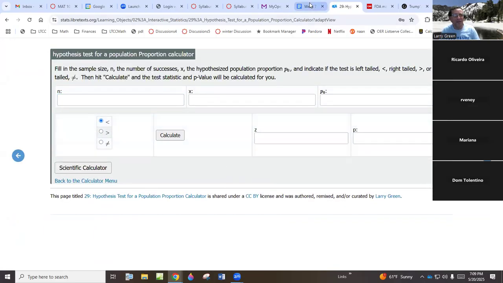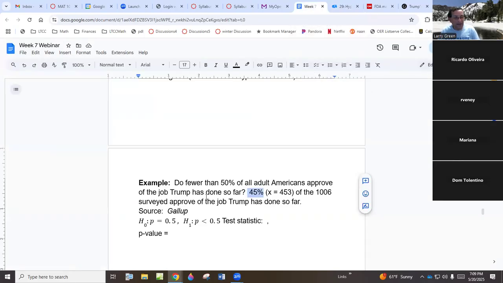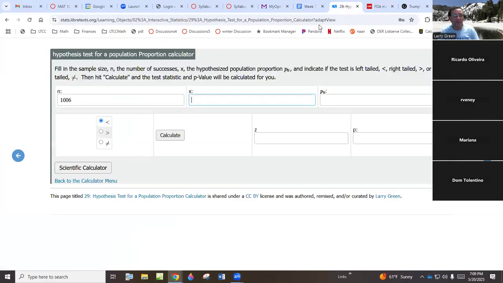So our n, if I remember, was 1,006. Our x was 453, which, by the way, is 0.45 times 1,006, rounded. Our p naught is 0.5, 50%. We want to see if fewer approve, so that's a less than. And then you calculate.